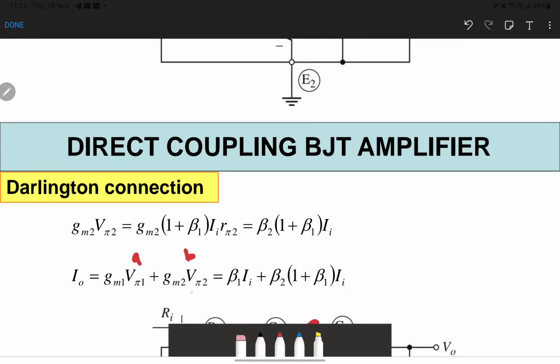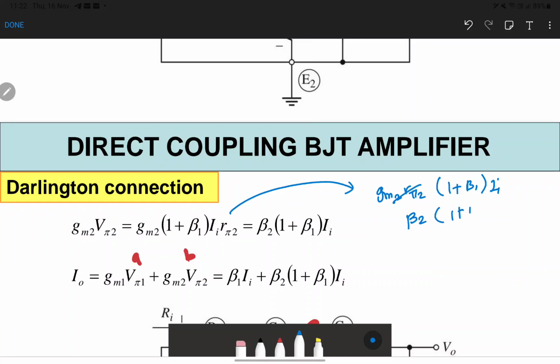For gm2 V pi 2, we replace V pi 2 equal to 1 plus beta 1 I R pi 2. Then we rearrange, so gm2 R pi 2 is equal to beta 2. So our current of gm2 V pi 2 is equal to beta 2 times 1 plus beta 1 I.